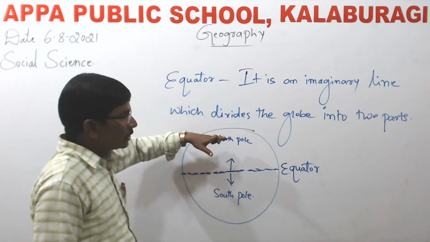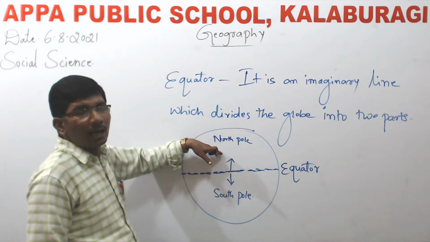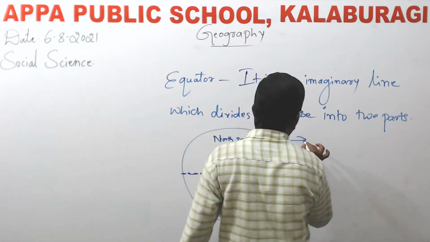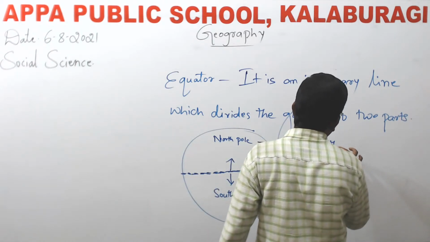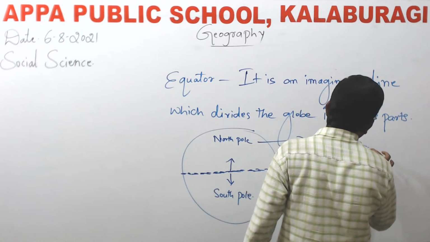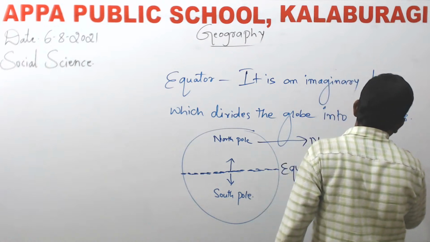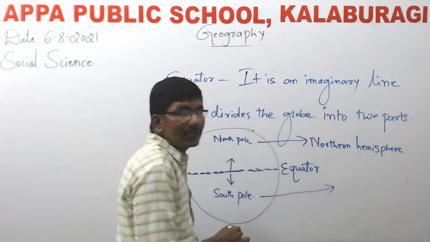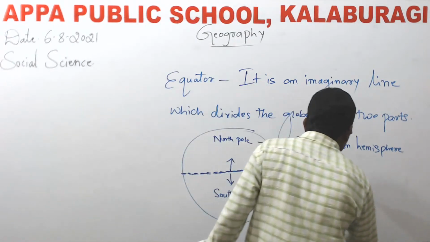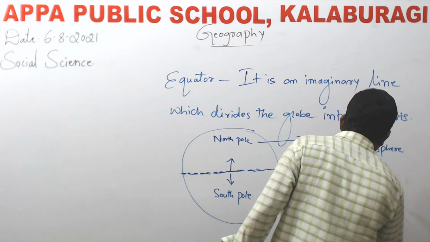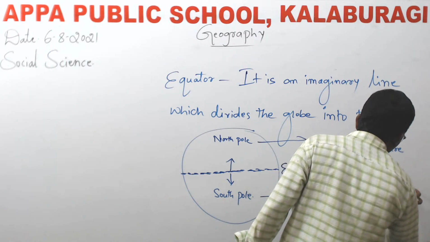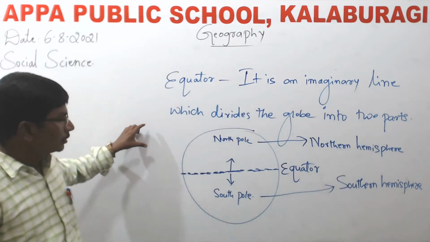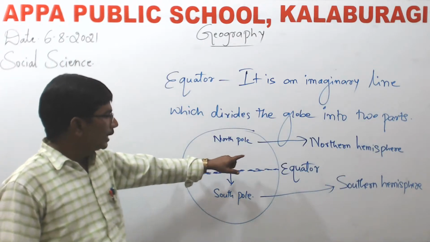And this north part is called Northern Hemisphere. What is that, children? This part is called Northern Hemisphere. And this part is called Southern Hemisphere. Got it? So this is called equator.